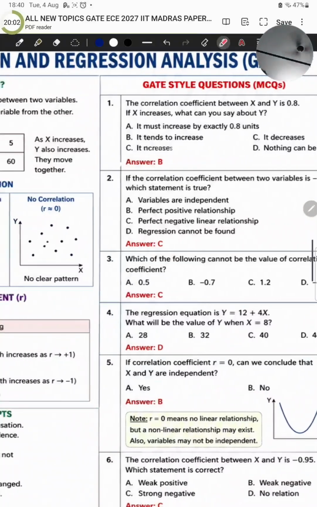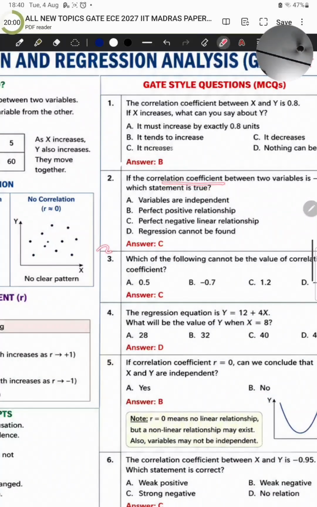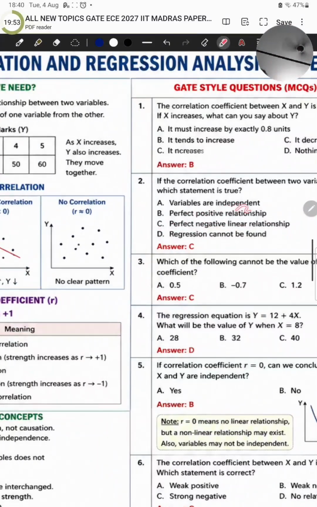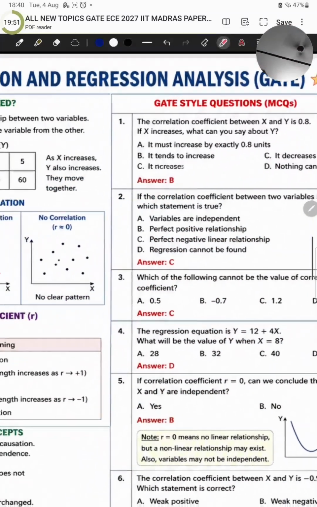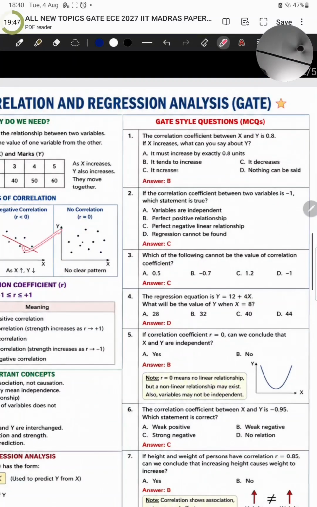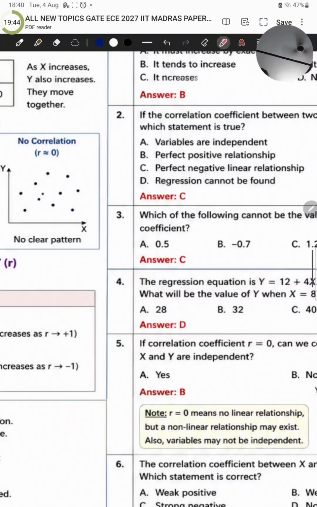The correlation coefficient is normally used for linear relationships, and as it is -1, it is a perfect negative linear relationship. We have already seen the negative linear relationship, so this is the perfect one.